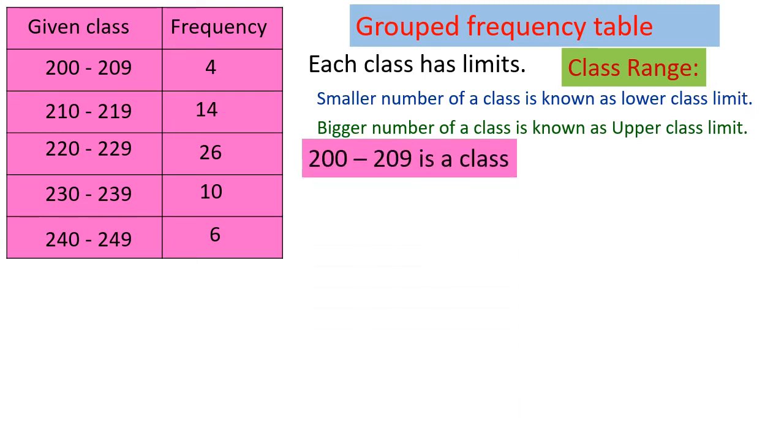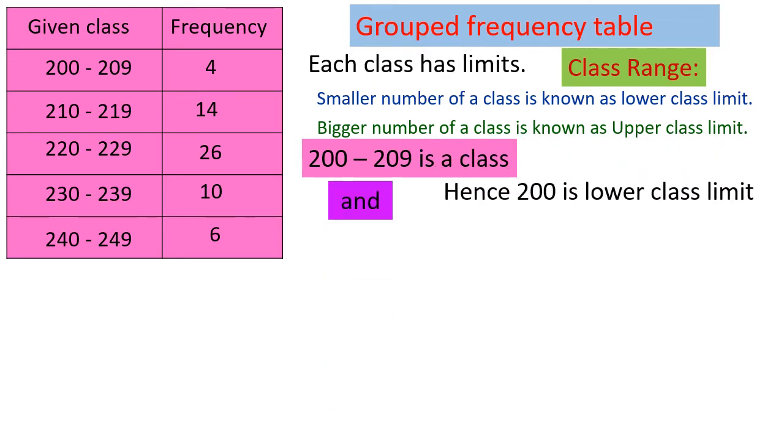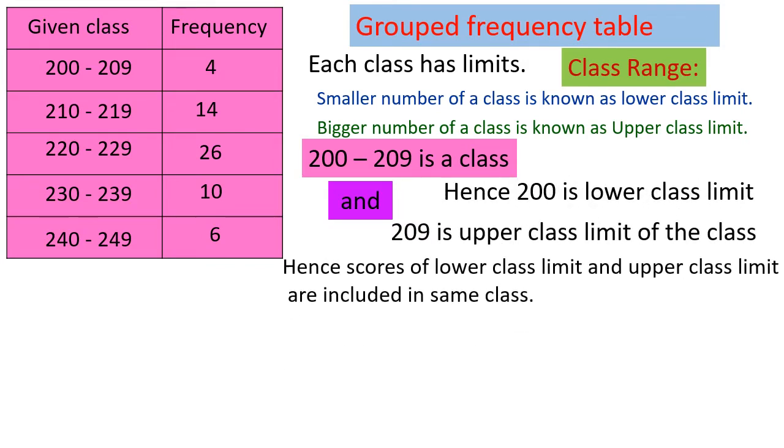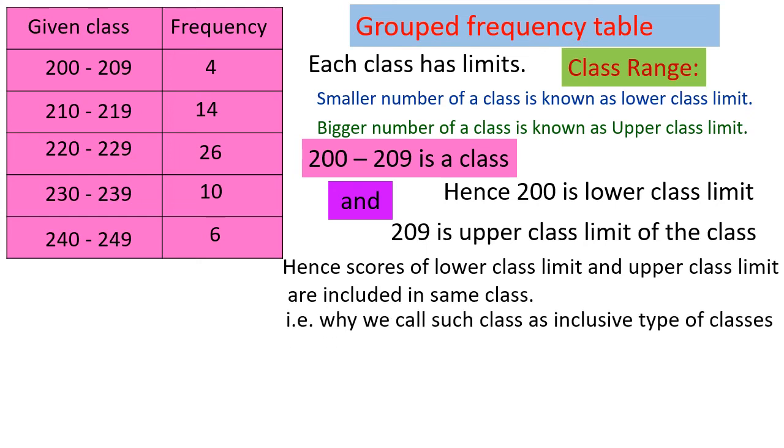So the lower class limit for 200 to 209 is 200, and the upper class limit is 209. Therefore the scores of both the lower limit and the upper limit are included in the same class. That's why we call it the inclusive type, as I said in the previous part.